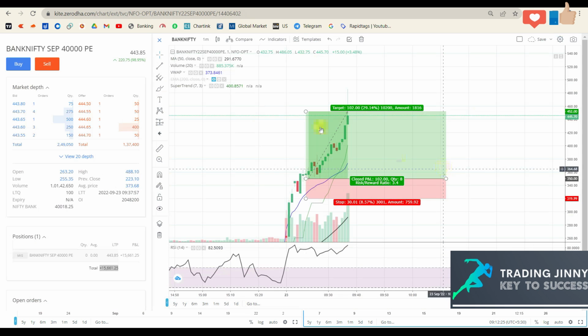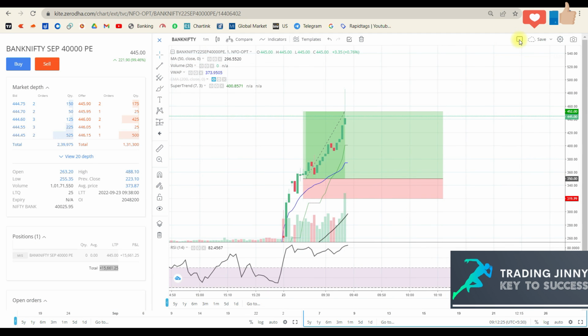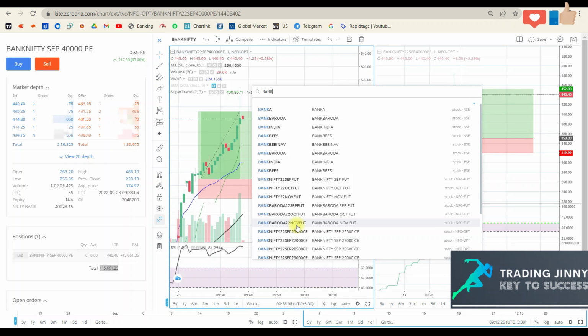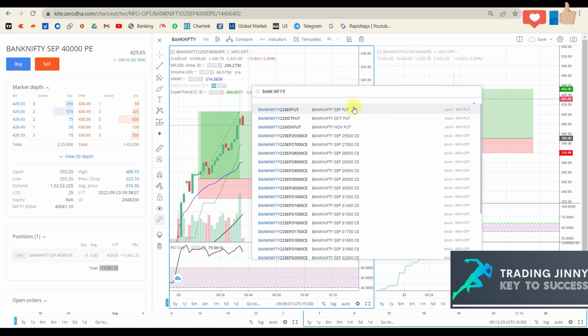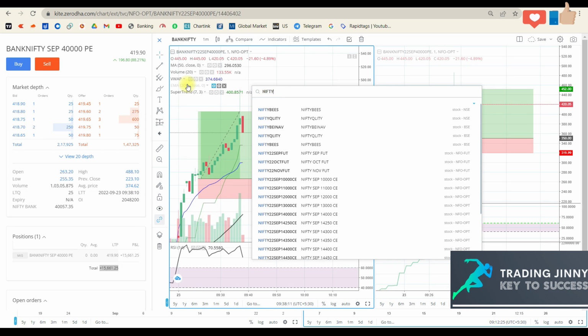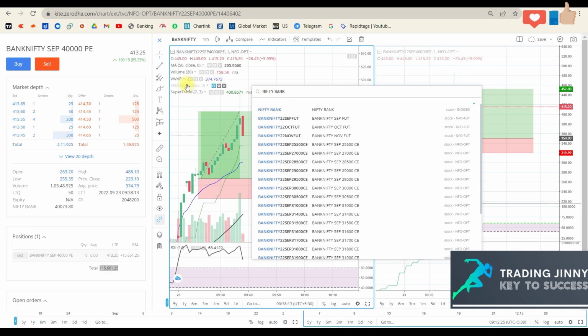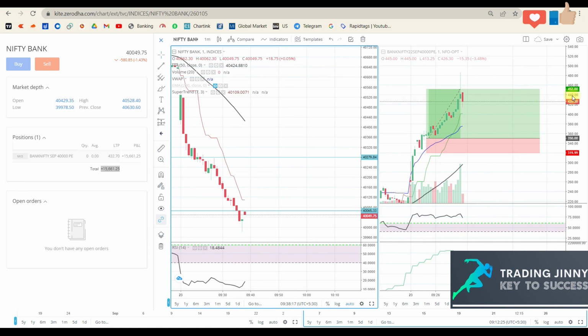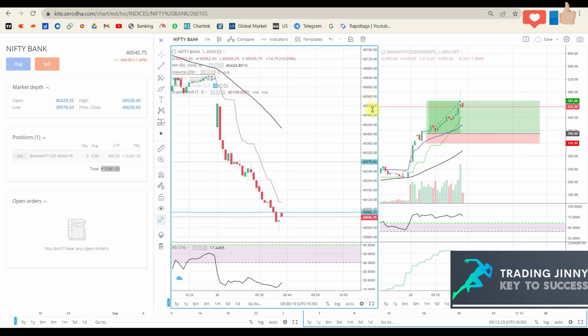If I have to explain my trade, on Nifty Bank, if you realize, guys, we have taken out our trades at the very right place.